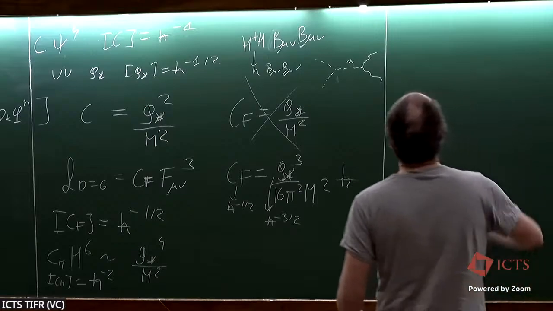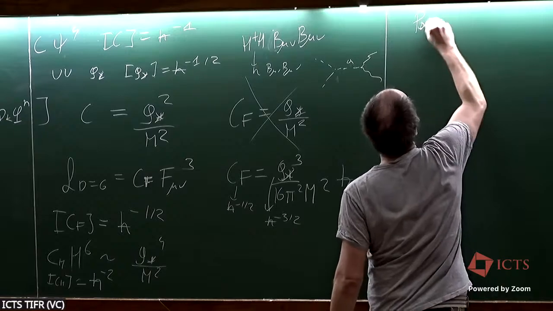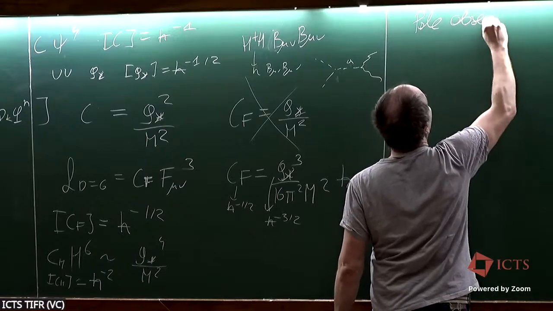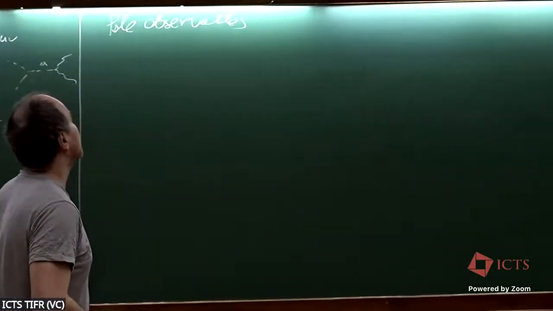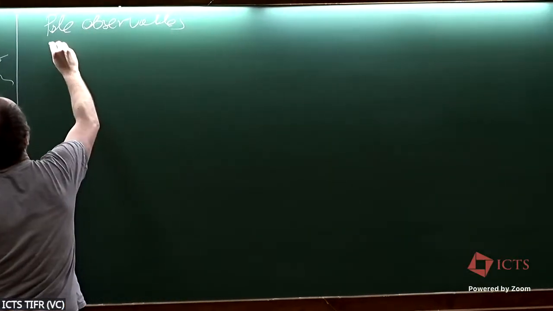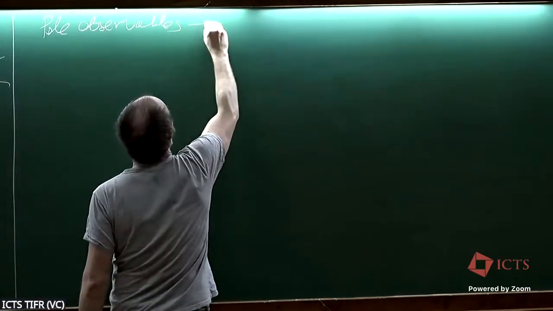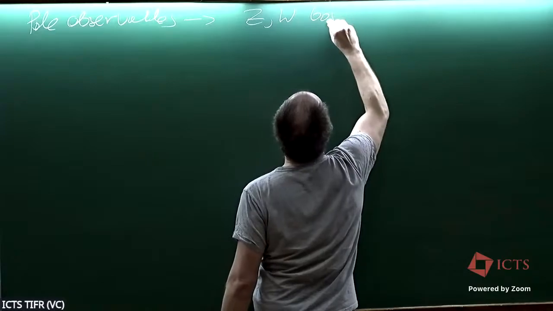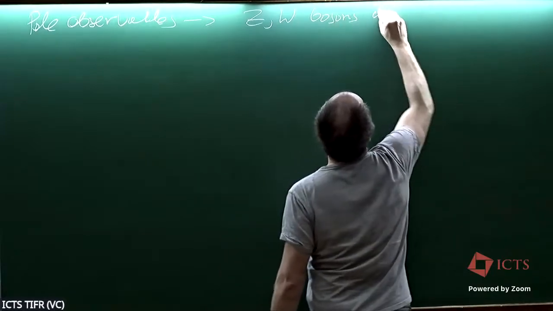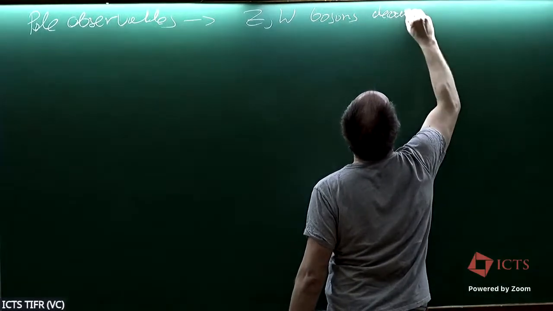Okay, so the topic of this lecture is pole observables. This will be about Z and W bosons decaying on shell.